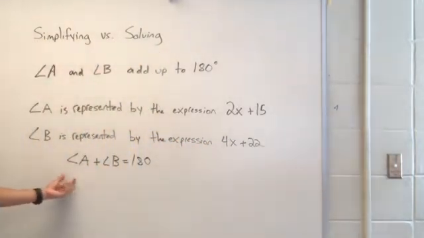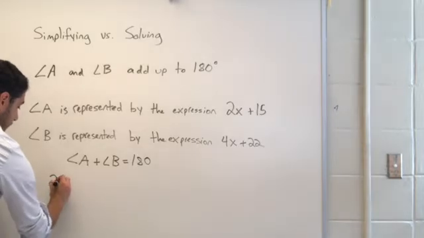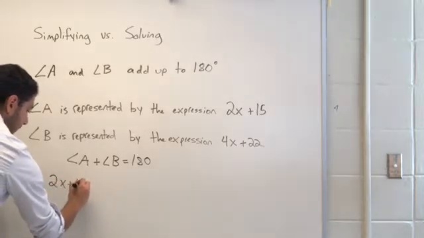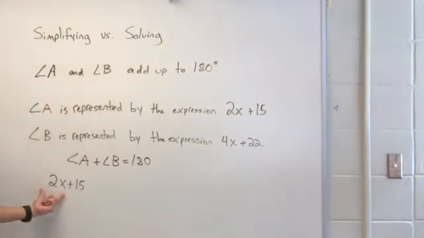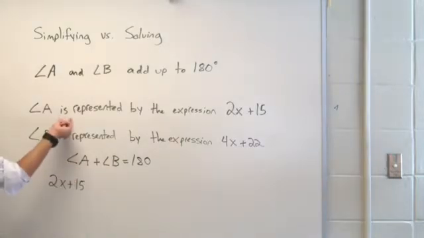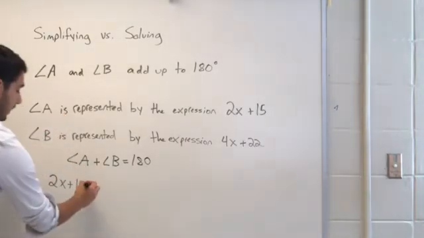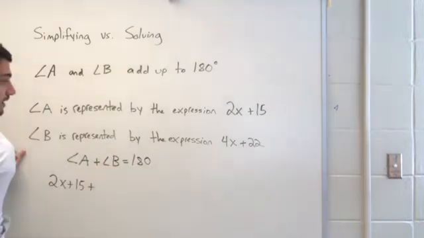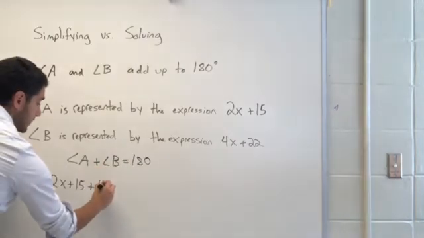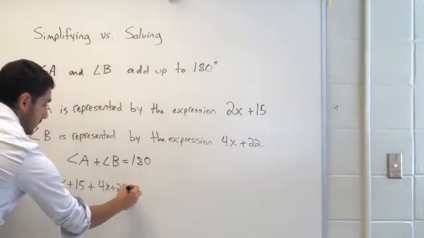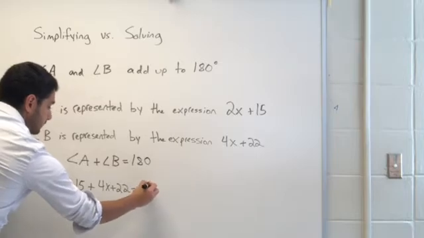So for angle A, I'm going to write the expression 2x plus 15. Because this expression represents angle A. That's what it says up here. Angle B is represented by the expression 4x plus 22 equals 180.